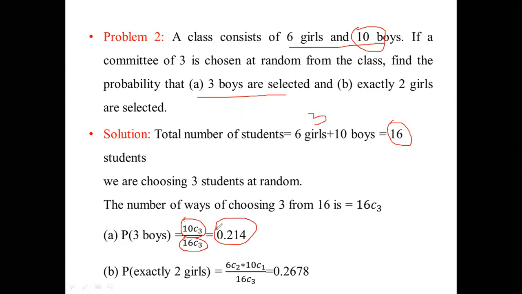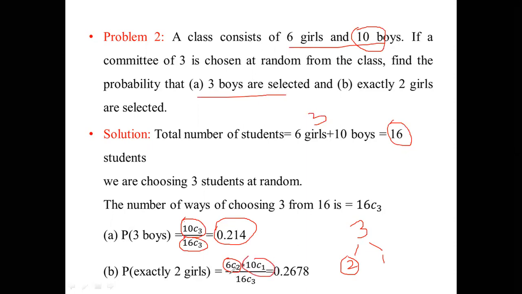Similarly, exactly 2 girls are selected. In a committee we require 3 students, so out of the 3, 2 are girls and the remaining one is a boy. We have a total of 6 girls, and out of them we are choosing 2, which we represent as 6C2, and 1 boy out of 10 boys, so 10C1.